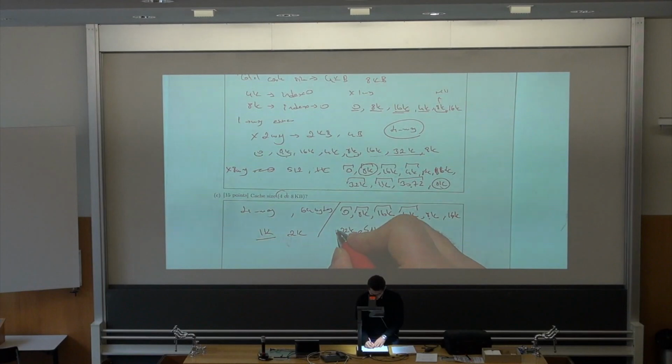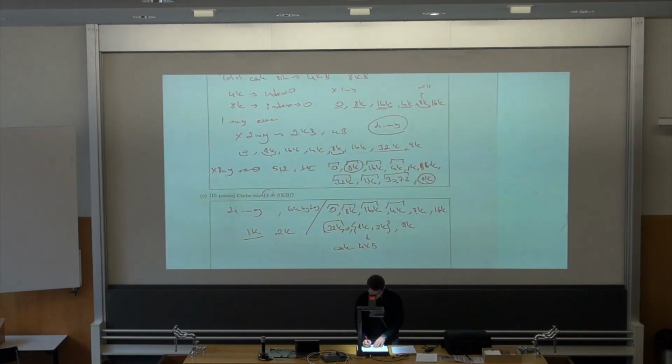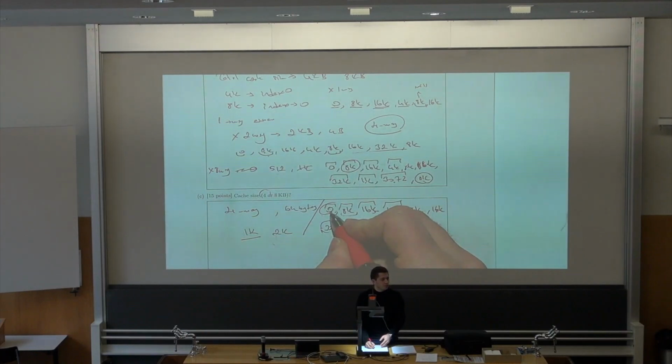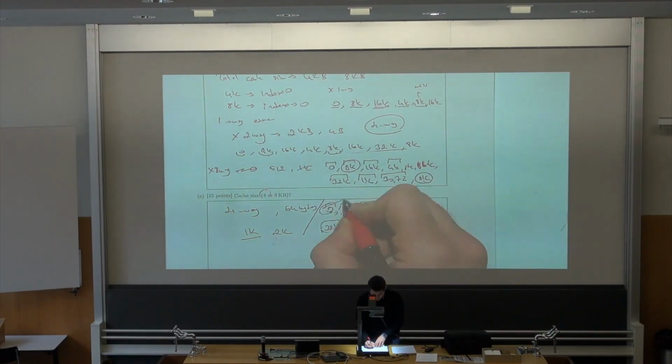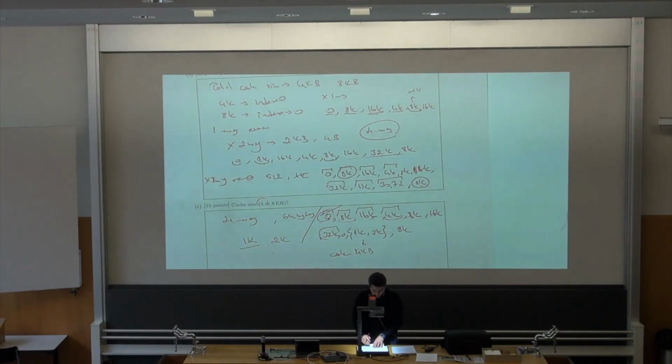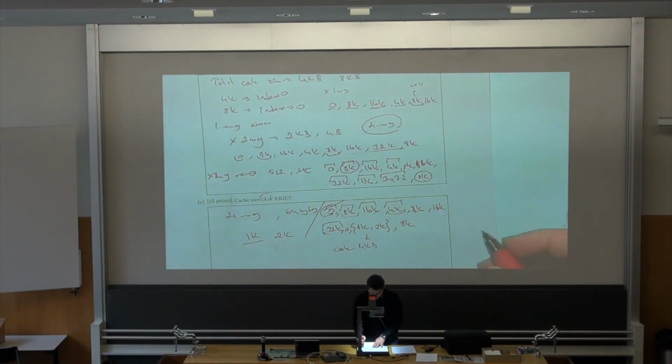So 32K is not in cache, and then those are in cache, and I accessed 8, 16 recently, and also 4K recently. So basically, this is the least recently used, and also the first one that was put in the cache. Basically, I'm going to replace this. So this won't be in the cache, and 32 will be in the cache. So for 0, again, this is not in the cache.